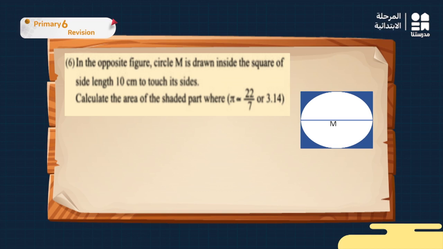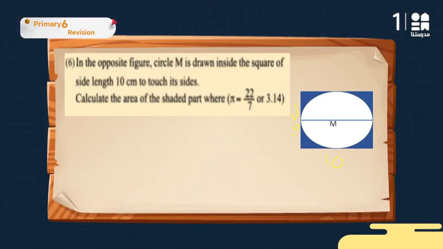In this exercise he asks you, in the opposite figure, circle M is drawn inside the square of side length 10 cm. So here the side of my square is 10 centimeters, okay? And it touches its sides, meaning it touches the sides of the square. What does this mean? That this side is 10 centimeters.